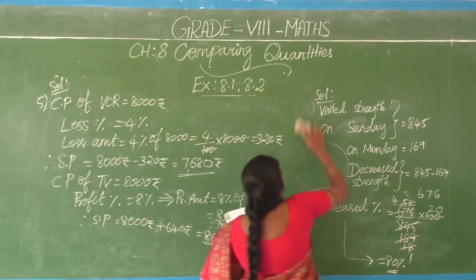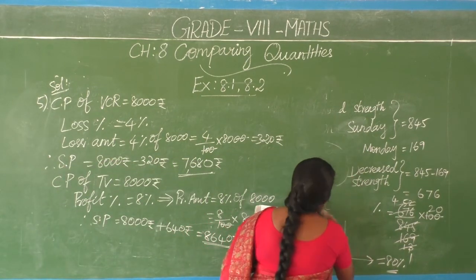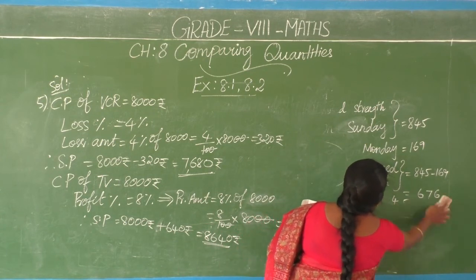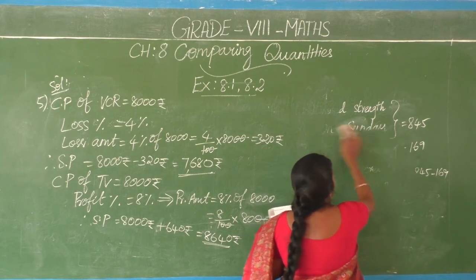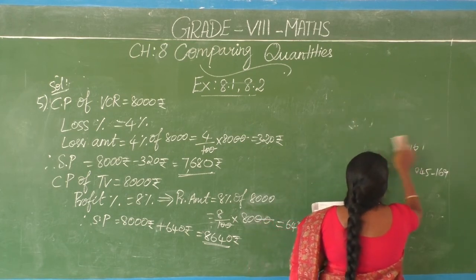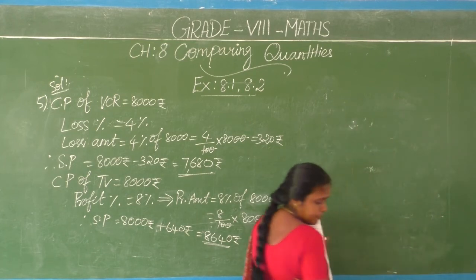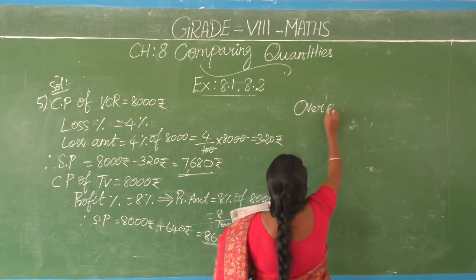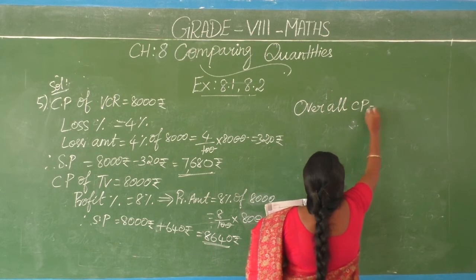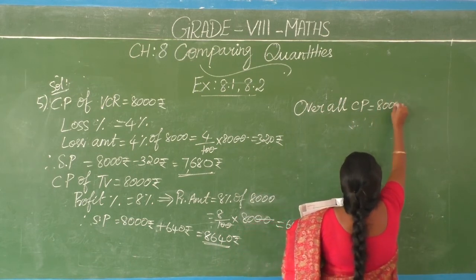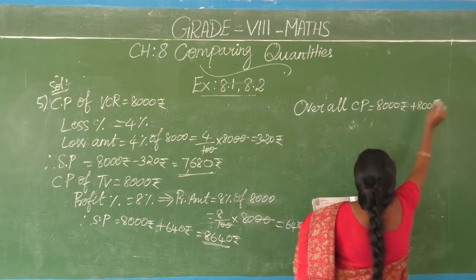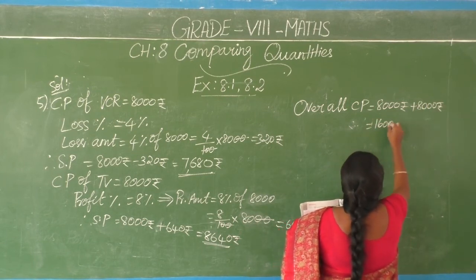Clear? So what does the overall CP come to? Both are 8,000, so 8,000 plus 8,000, 16,000 will come. So overall CP is 8,000 plus 8,000 equal to 16,000.